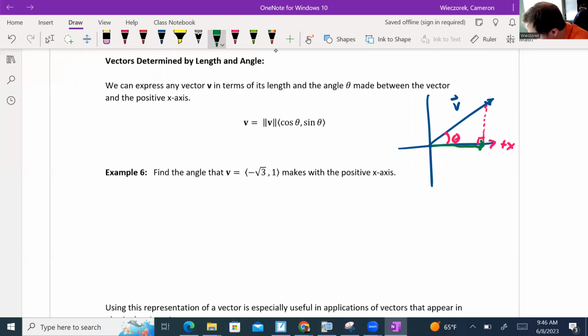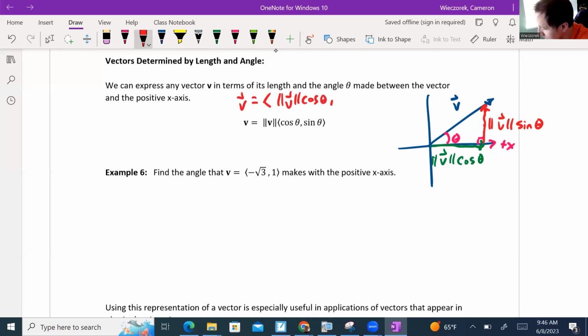There's one component in green, there's one component in red, and notice this green component, using a little bit of SOHCAHTOA, a little bit of trigonometry, would be the magnitude of v times the cosine of theta, and the red component would be the magnitude of v times the sine of theta. And so any vector v can be written as magnitude of v cosine theta for the x component, magnitude of v sine theta for the y component.